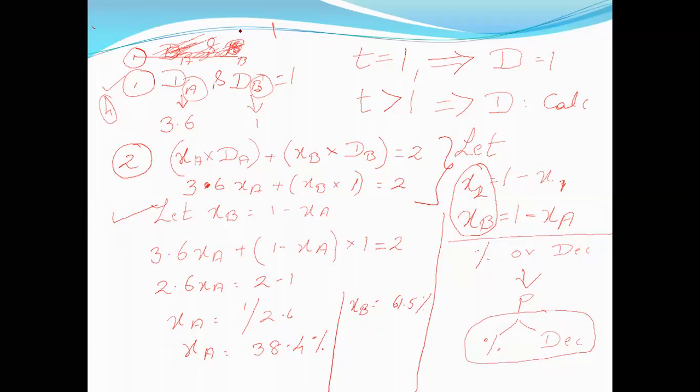Okay. Now, if you are done with this, we'll go to step number 3. Please pay attention. Step number 3 is very important. We have calculated the duration of the two bonds. We have calculated the percentage of both the bonds. Now we have to go for the next level, that is step number 3.